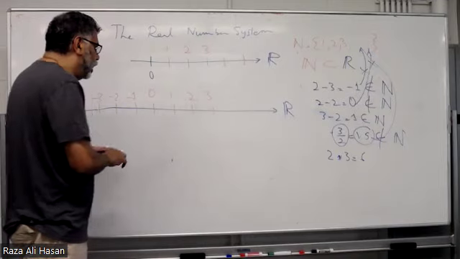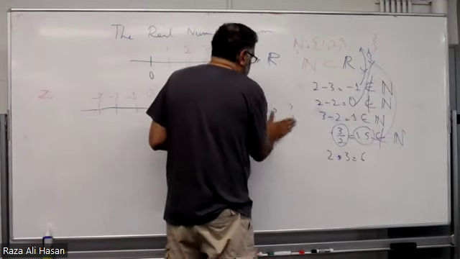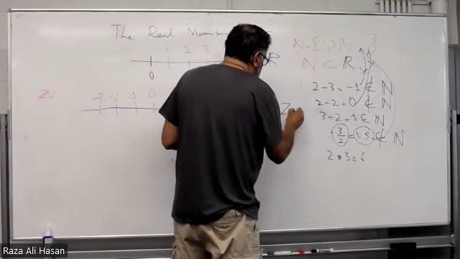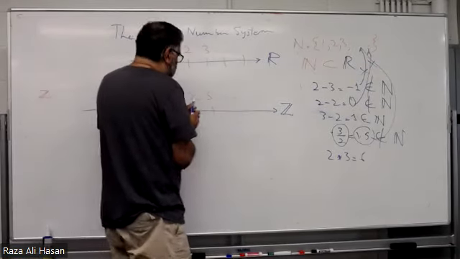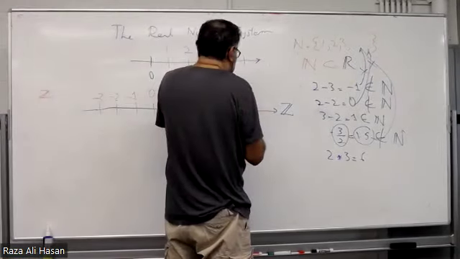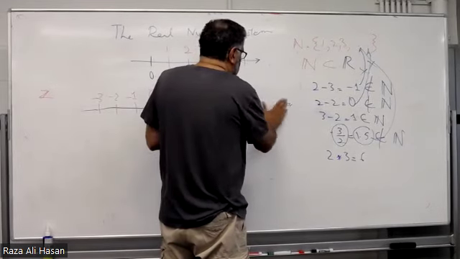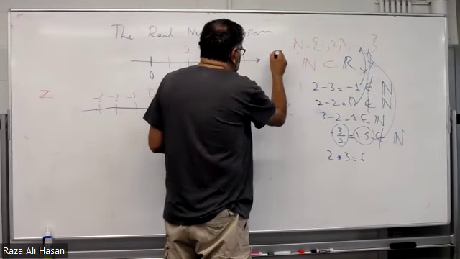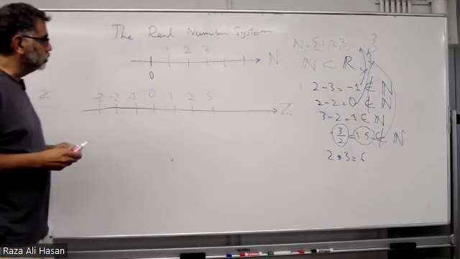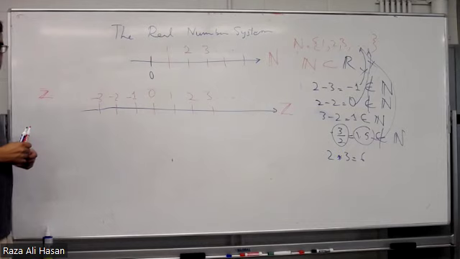Or I could just get rid of this and put Z. And here I could also do this, let me put it in this color. That number line, are those numbers still real numbers? Here's the thing.